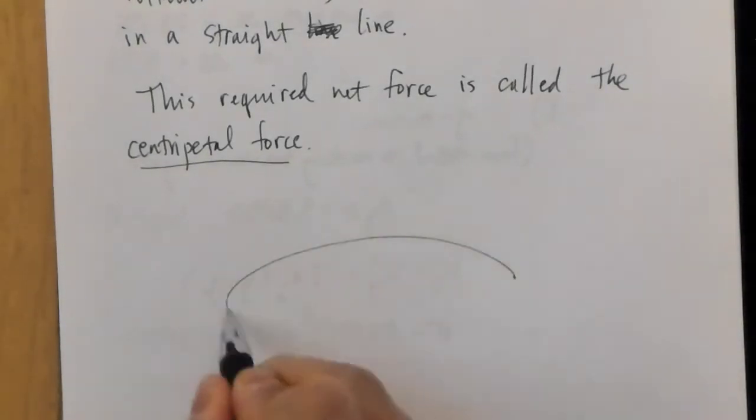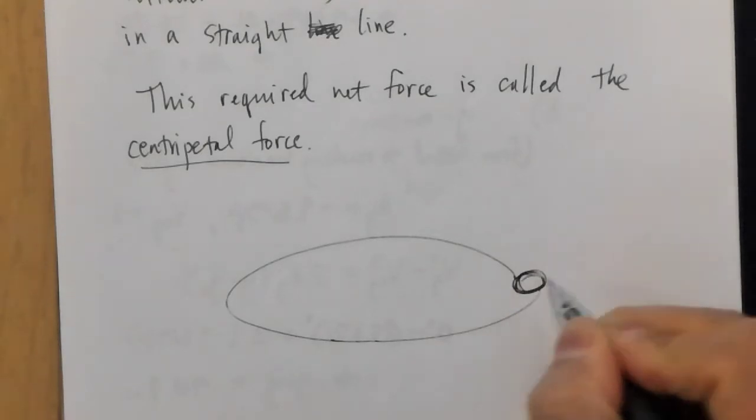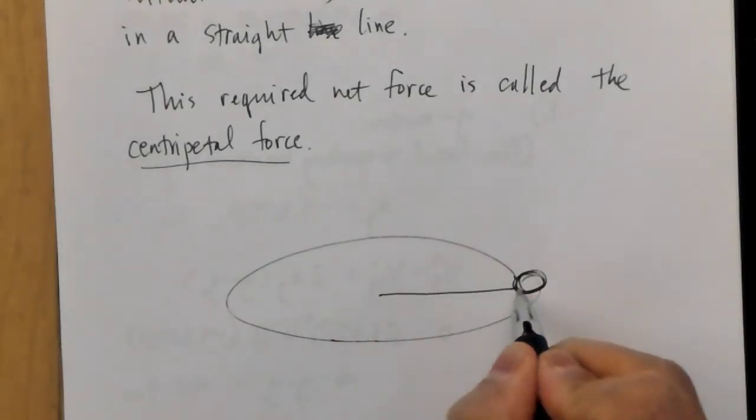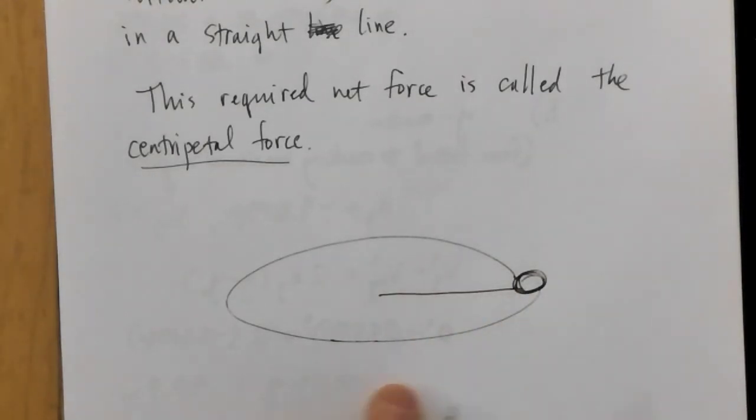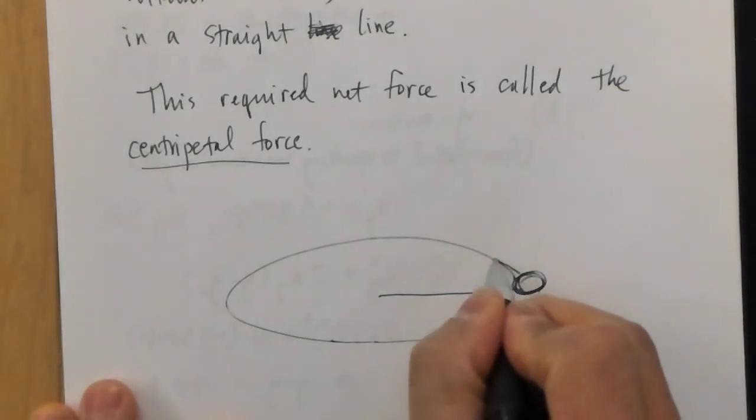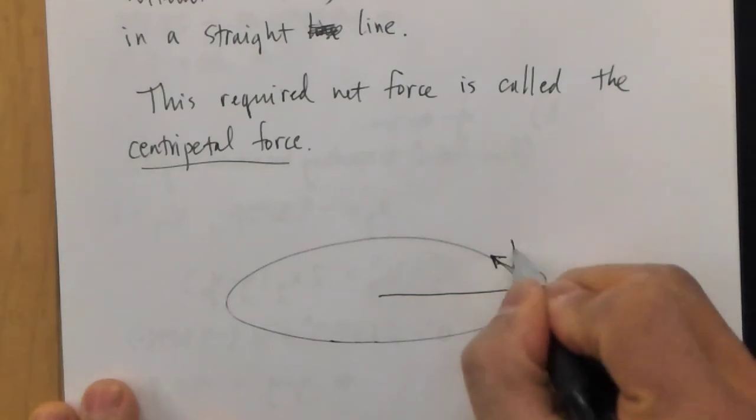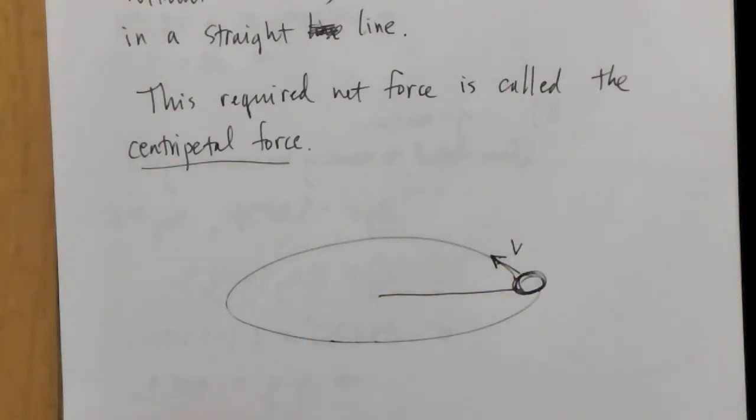So as I said, here's an example. Let's say I have a ball on a string, on some frictionless surface, so you don't have to worry about gravity at this moment. This is the speed of the ball going around the circle.